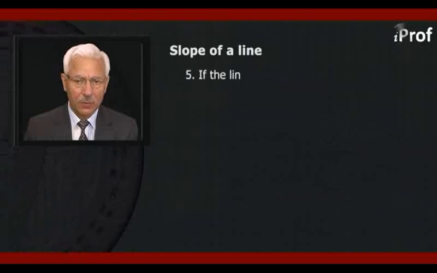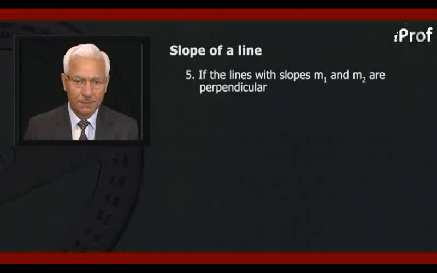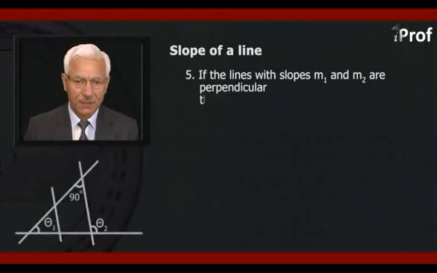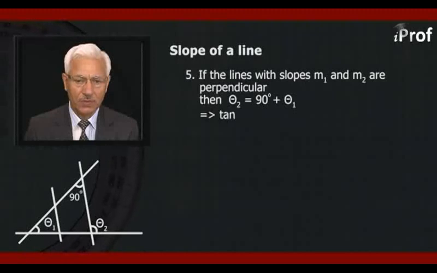If the lines with slopes m1 and m2 are perpendicular, then, as we see, theta 2 is equal to 90 degrees plus theta 1, or tangent theta 2 is equal to tangent of (90 degrees plus theta 1).